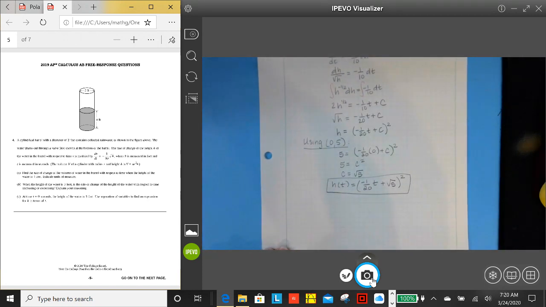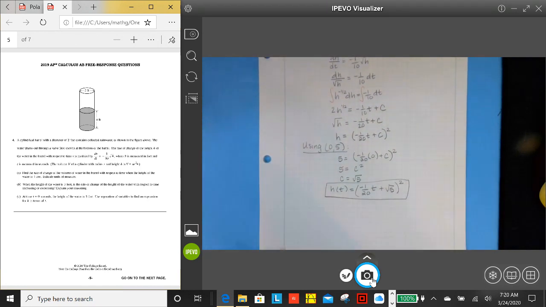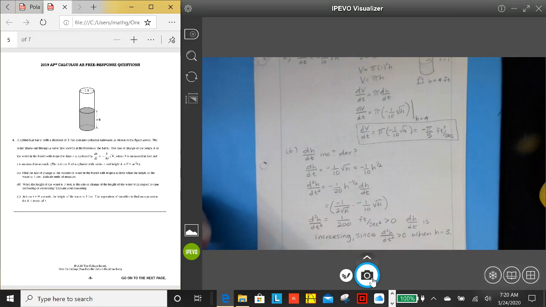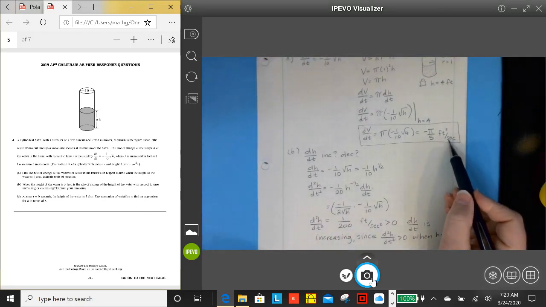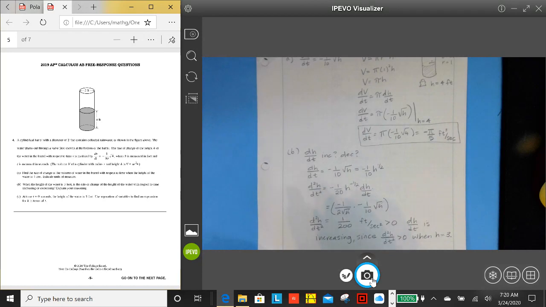Okay, so the key things to know about this is on part A, you got to remember that it asked for units. So this problem gives you a point for putting the units down. So that's a big deal. Okay, and in part B, it's worth 3 points, and you get a point for taking the second derivative.